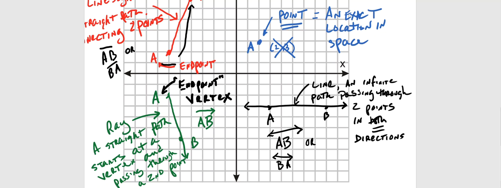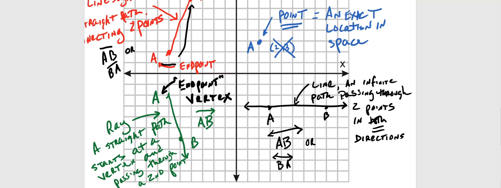So it's really important for you to understand which of these we're allowed to flip the order. A segment, we can flip the order because it doesn't matter where we say we start and where we say we end. So we can call the segment AB because we start at A and then at B, or we can go in reverse order, segment BA, where we start at B and end at A.